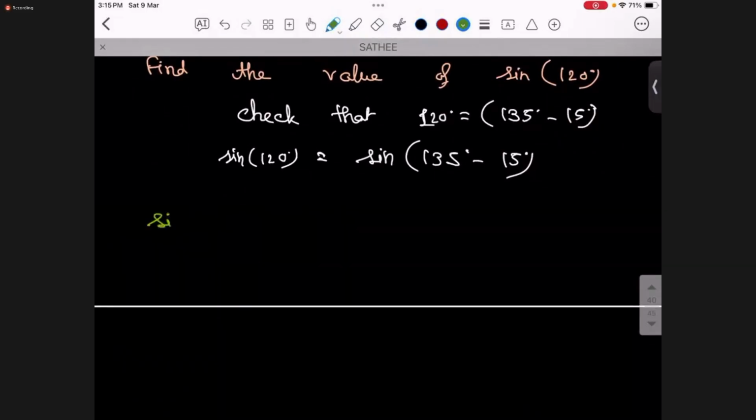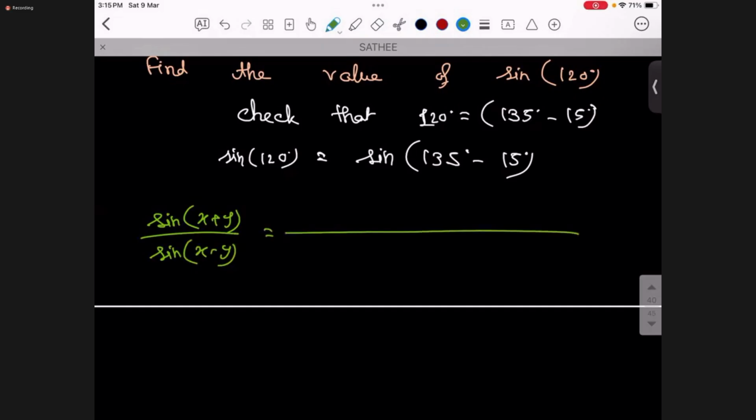It is given that sin x plus y divided by sin x minus y. So what will be the upper section? Sin x cos y plus cos x sin y.